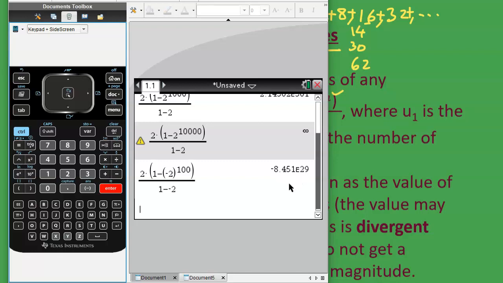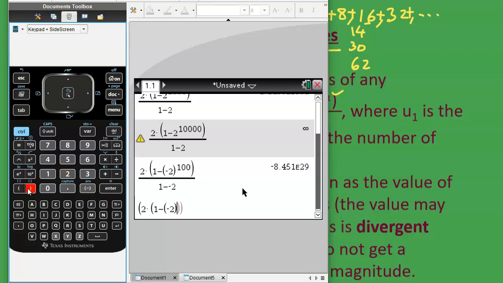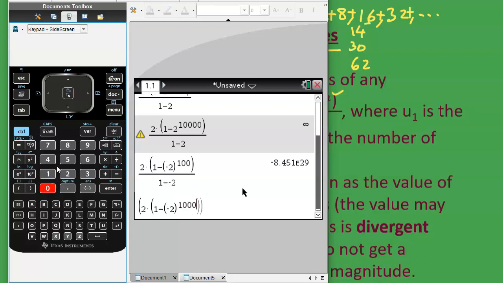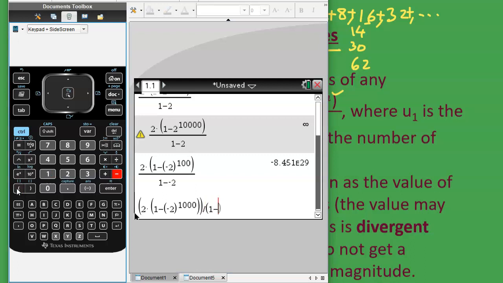Next we try to get the value of the sum total of the first 1000 terms. So 2 times 1 minus negative 2 to the power of 1000, divided by 1 minus negative 2.